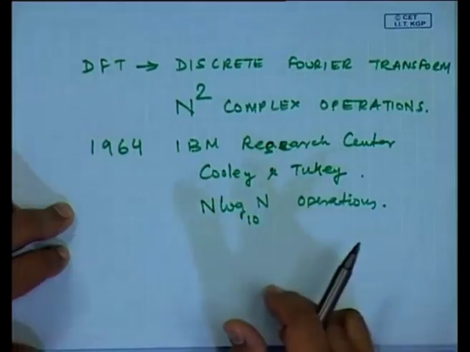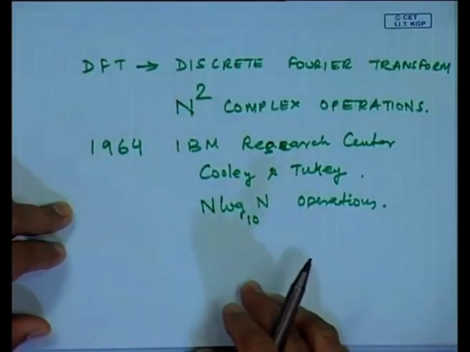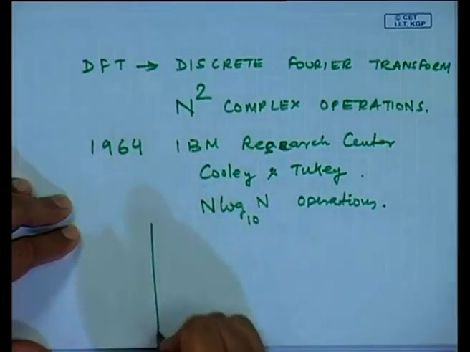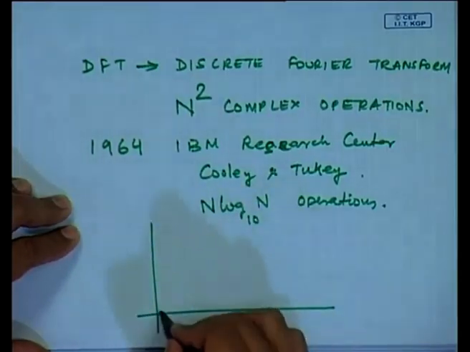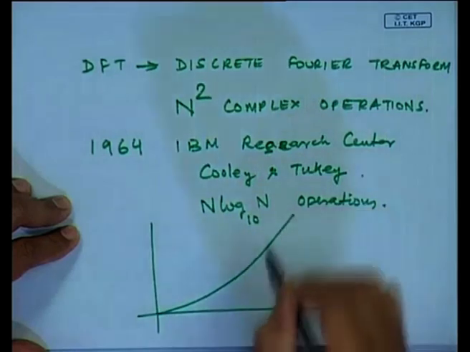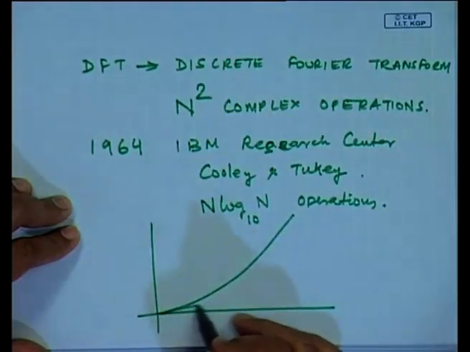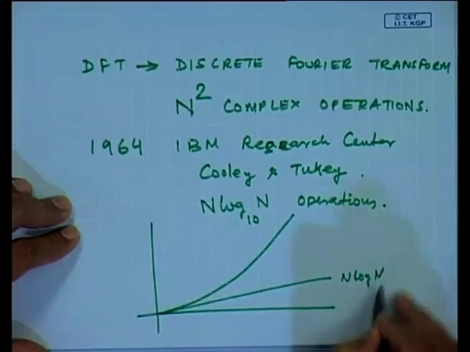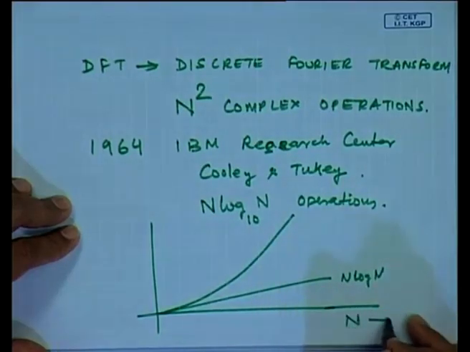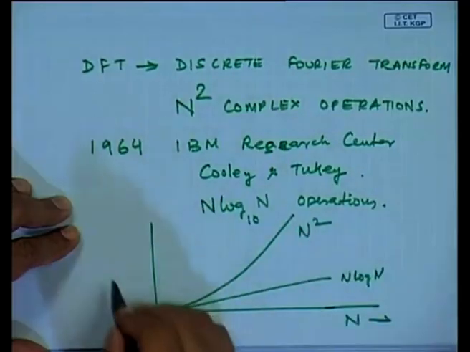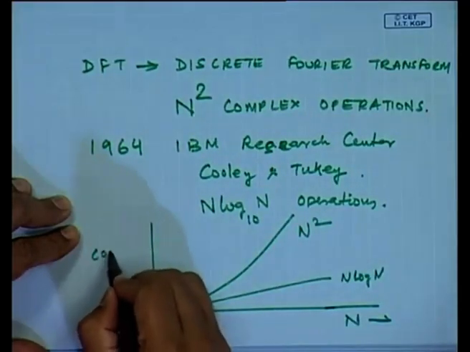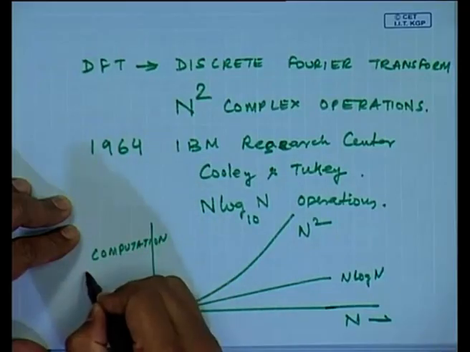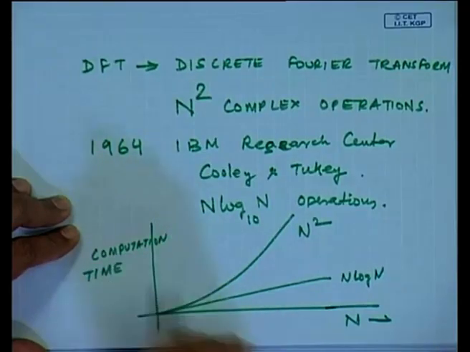And in those days, computation was very expensive. So, N square is a parabola, compared with N log N, in terms of computation time or resources.